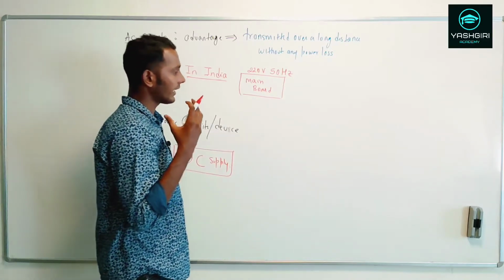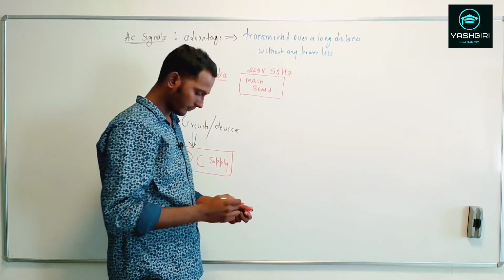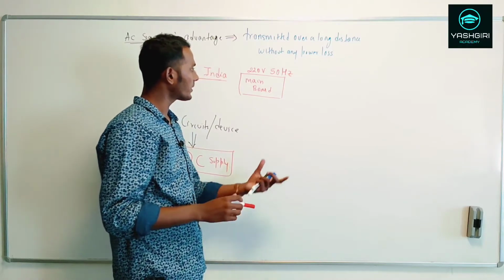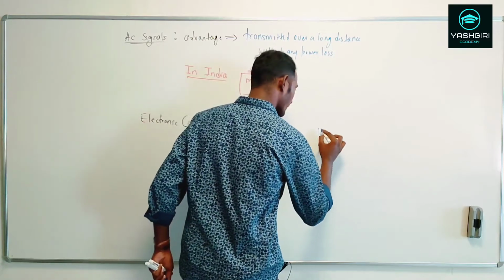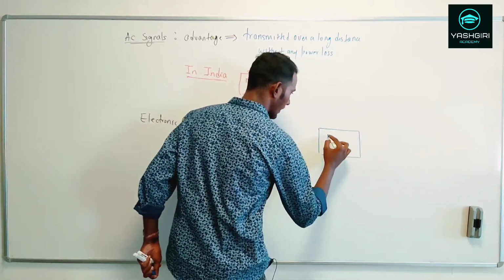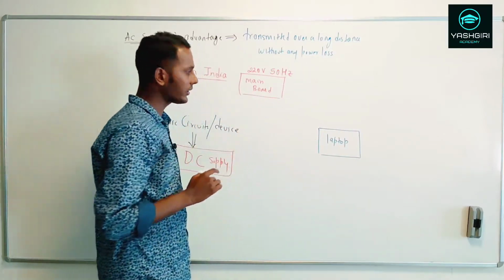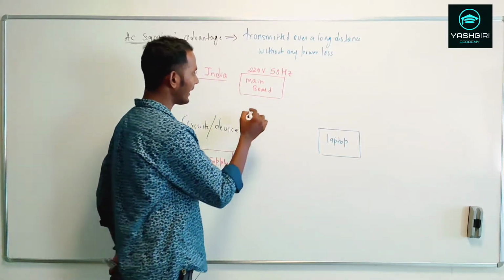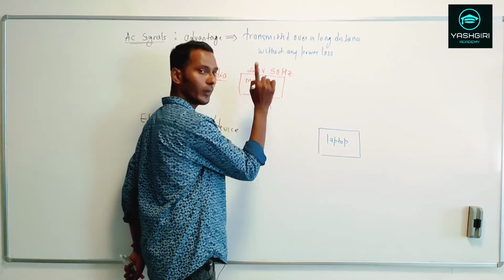Now let's take an example. If you want to charge your laptop, suppose this is your laptop, and if you want to charge it, you just directly go and connect it to the main power supply at your home, which is of 220 volts.